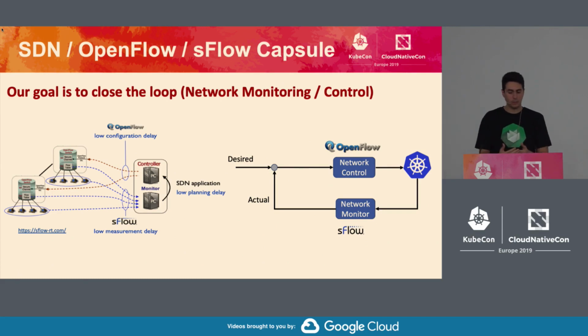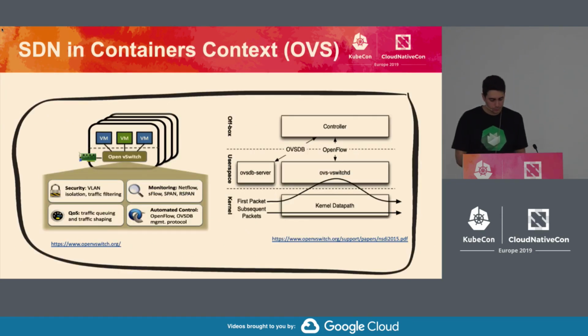If I see something wrong in the network, I want to apply some rules. And these rules can be scaling up a pod, creating new services, or completely blocking via OpenFlow the traffic coming to or from this pod.